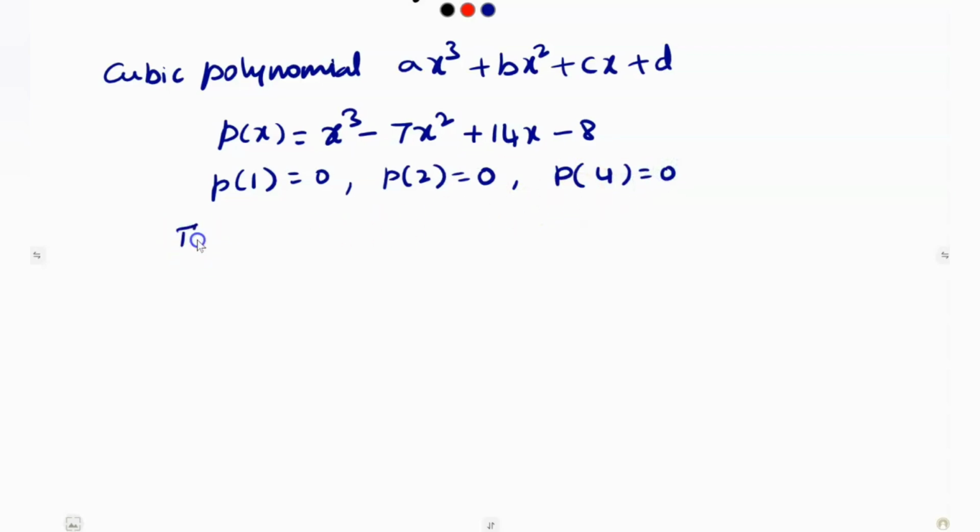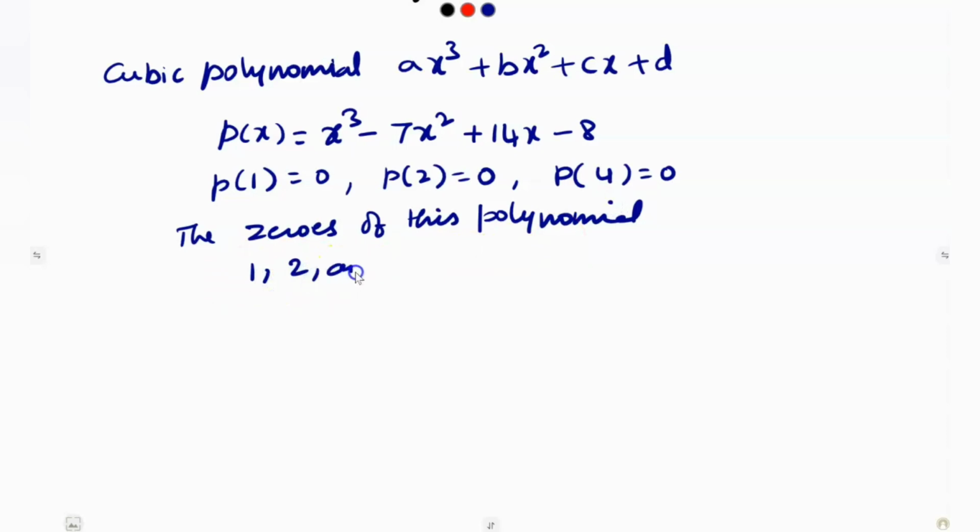Actually, finding the zeros of this polynomial is not important for this class, only the relationship we need to find. The zeros of this polynomial, the values for which it became 0, are 1, 2 and 4.